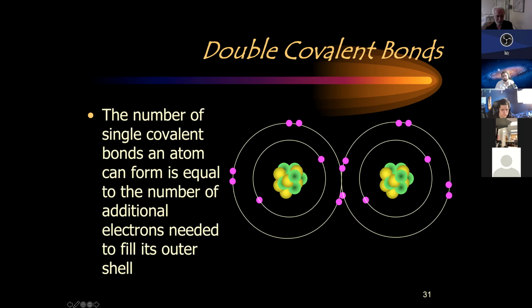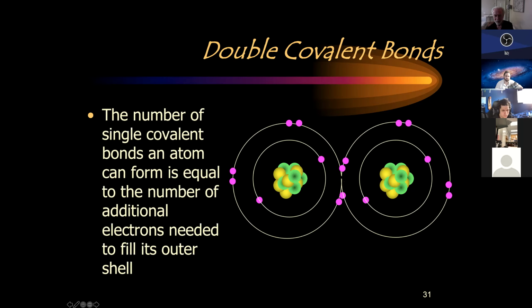There can be double covalent bonds. So for example, in the case of oxygen, each has 6 electrons in its outermost shell. It shares 2 pairs of electrons.